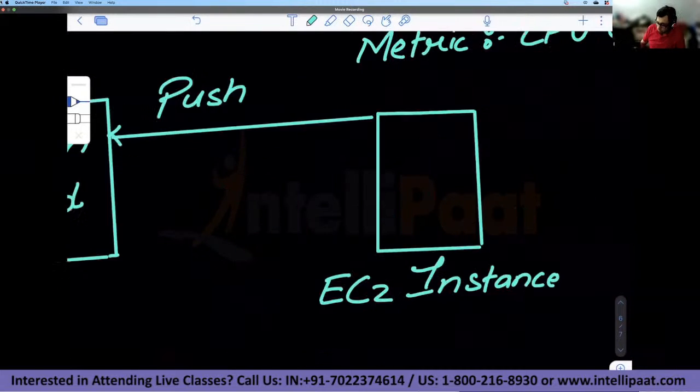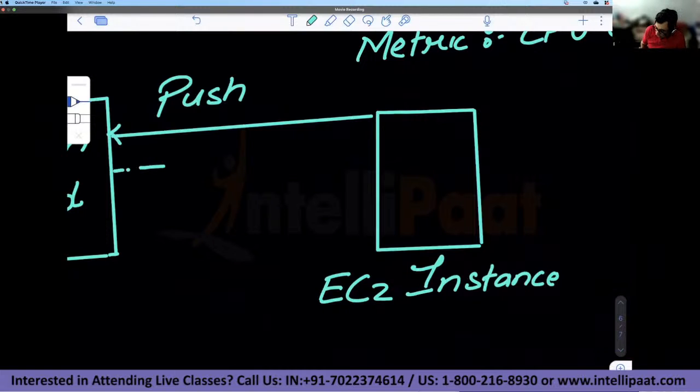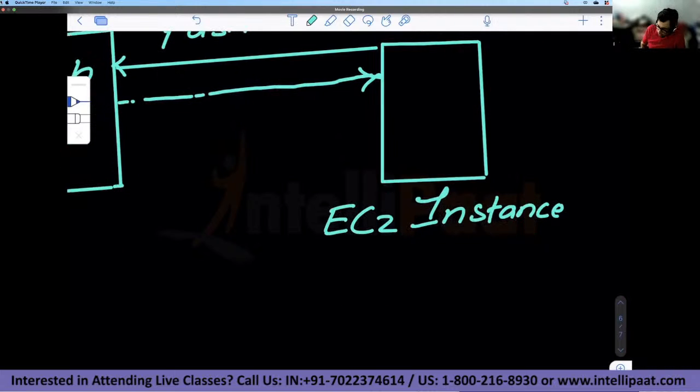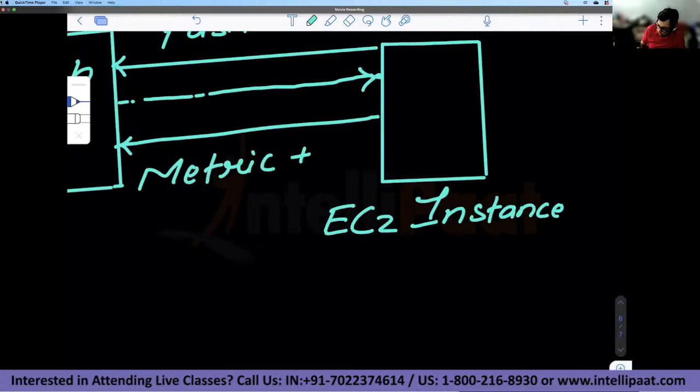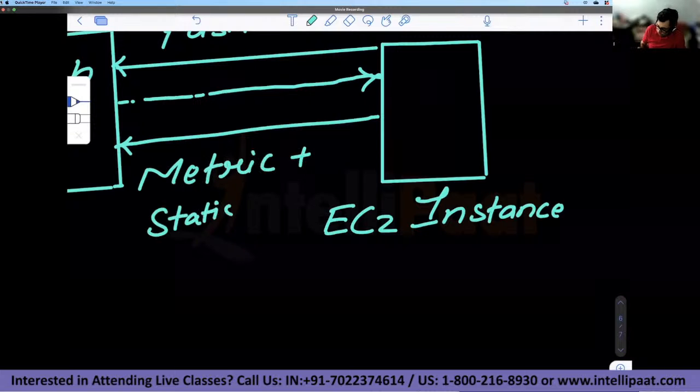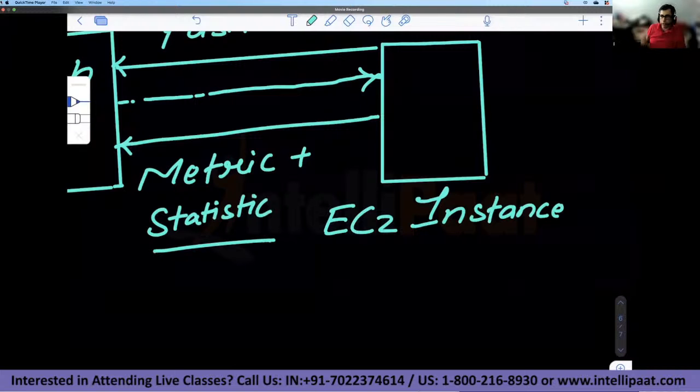Now, CloudWatch will ping the instance and say, hey, instance, I know what your metrics are. Could you please give me the values? So the instance will push the metric plus statistic. The instance will say, okay, this is my performance.